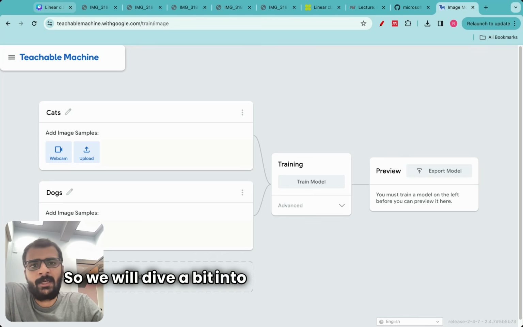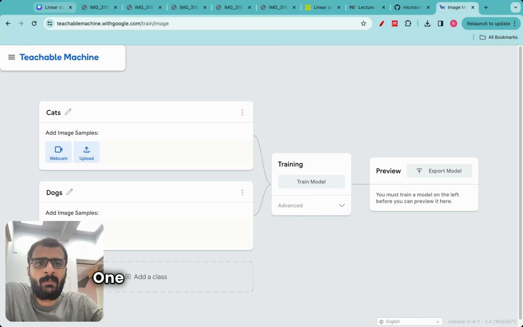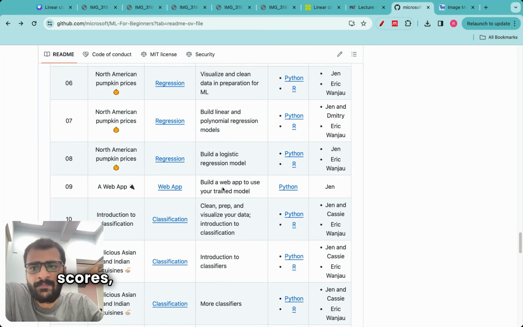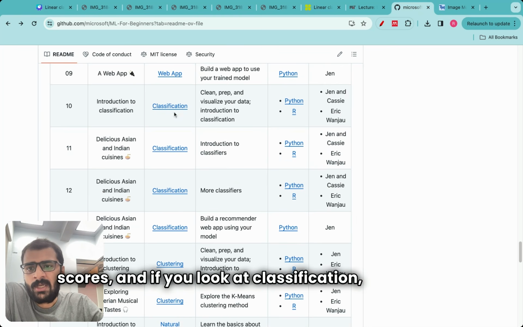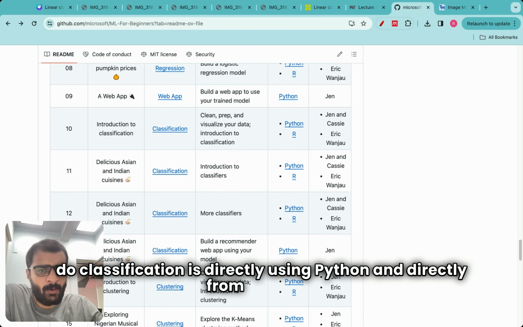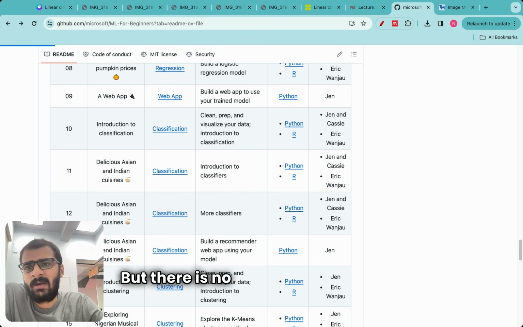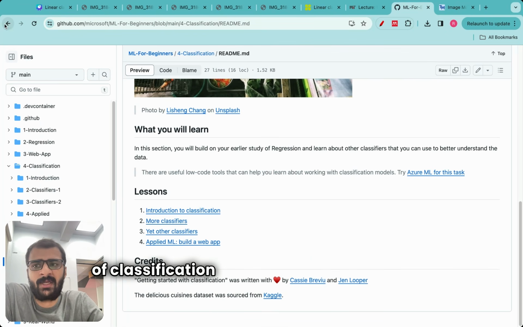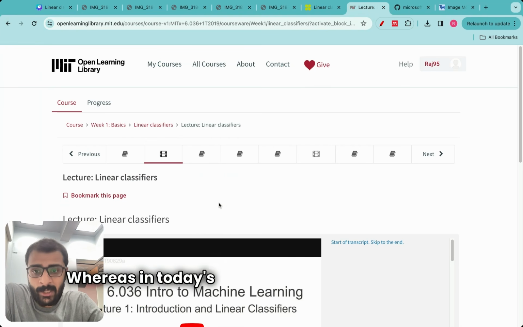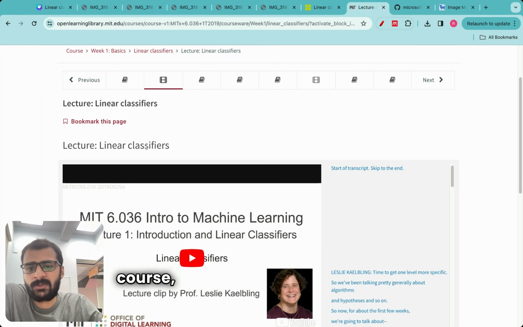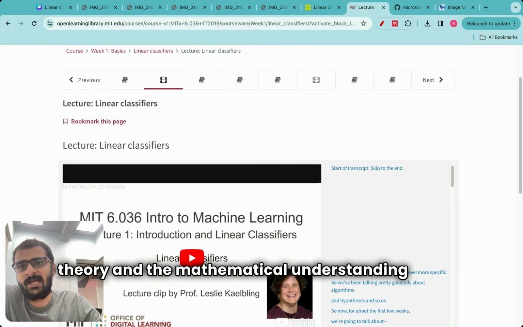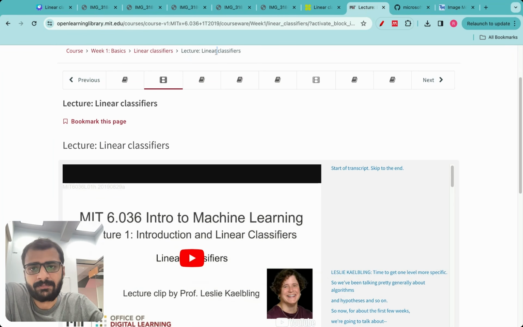So we will dive a bit into theory as well as practical. One more thing I would like to share with all of you is that if you go to the Microsoft courses and if you look at classification, the way they do classification is directly using Python and directly from projects. But there is no mention of the theory of classification or the mathematics behind classification. Whereas in today's lecture, we'll be following MIT's course where they dive a lot into the theory and the mathematical understanding behind linear classification.